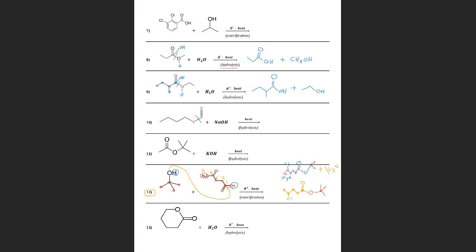The only difference here is that since I'm adding OH instead of H2O, the H goes to the alcohol side, and instead of getting an OH on my carboxylic acid side, I'm going to get an ONa. So the side with the double bond oxygen is going to get an oxygen with an Na next to it.